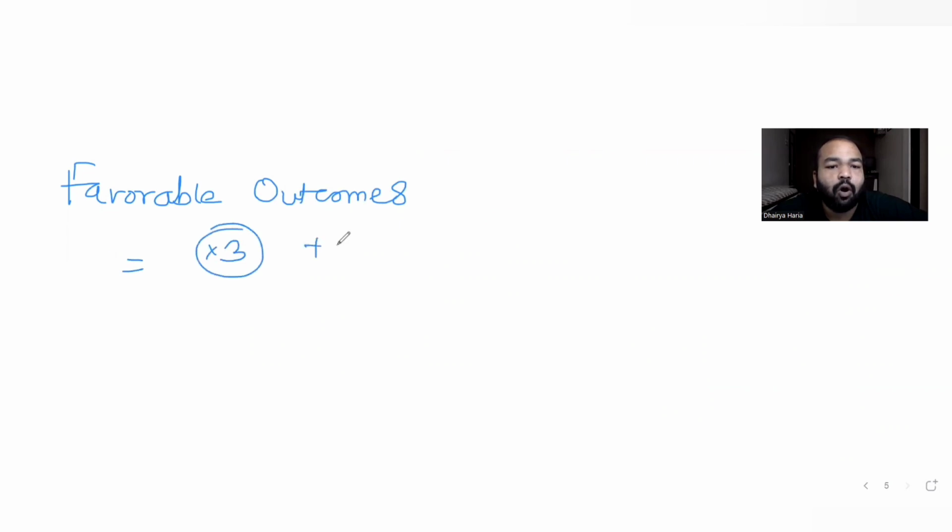Now if I find the favorable outcomes, the favorable outcomes I have would be a multiple of 3 or a multiple of 7. But we already saw that multiples of 21 are counted two times in this list, so I'll have to subtract the multiples of 21.